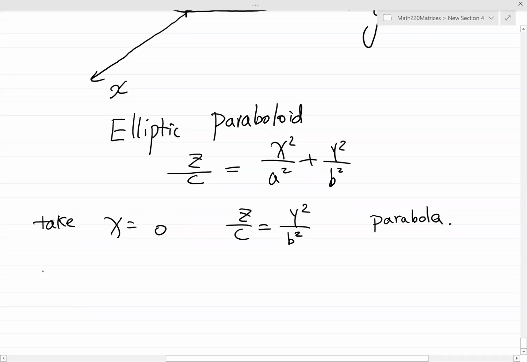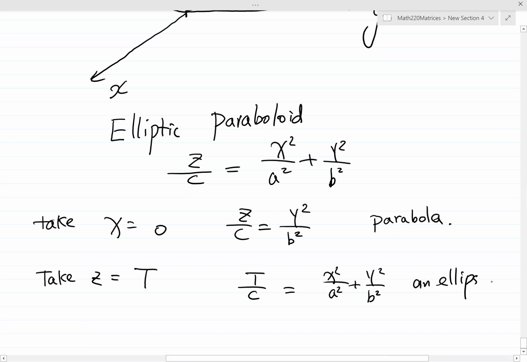And we take z to be constant, some quantity, let's say z equal to capital T. We get T over c equals x squared over a squared plus y squared over b squared. Now, if you normalize it, this gives us an ellipse. So this is called an elliptic paraboloid.